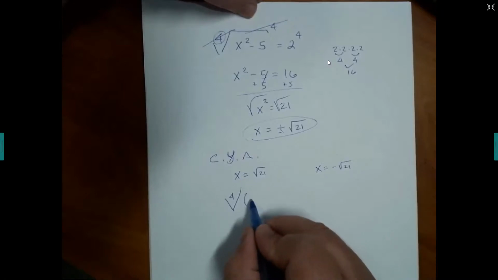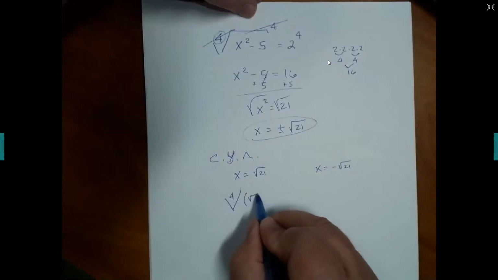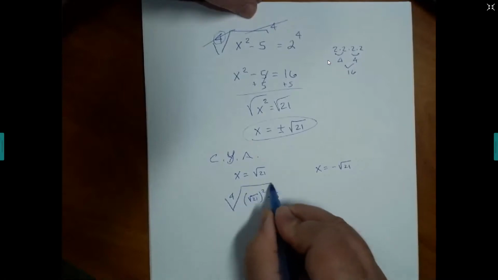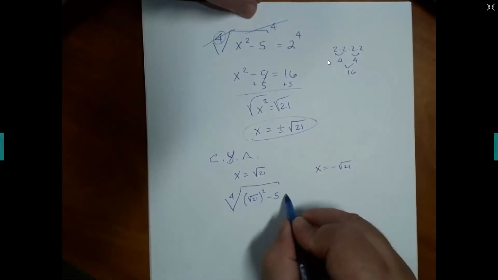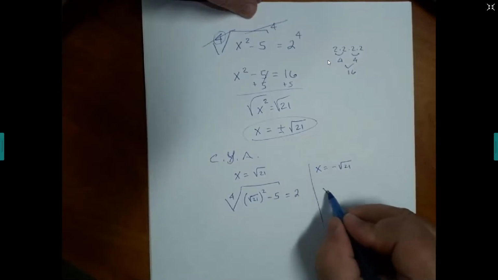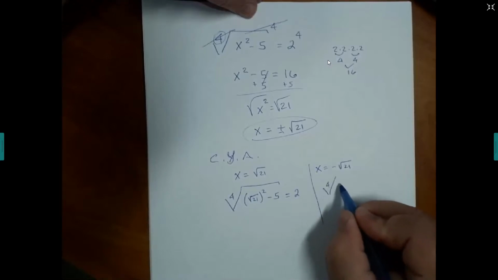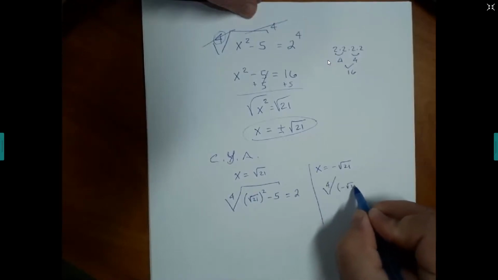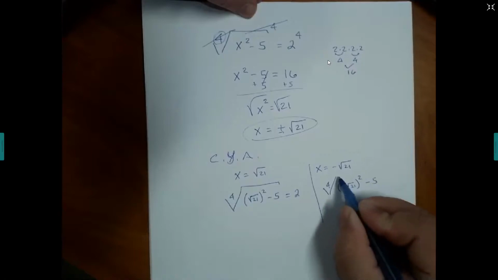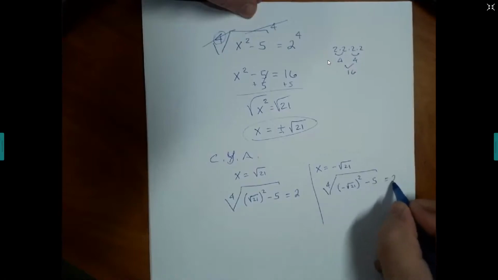Does one of them not work? Well, let's hope not, but let's see. Fourth root of square root of 21 squared minus 5. Does that equal 2? Fourth root of negative square root of 21 squared minus 5. Does that equal 2?